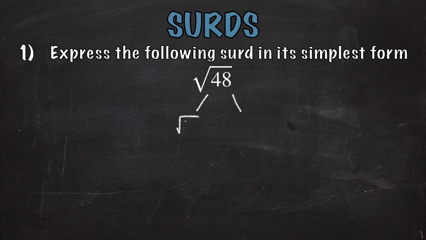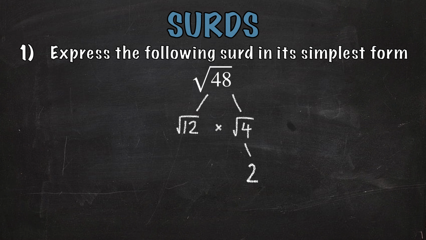So we write the square root of 12 and we write the square root of 4. The reason why I chose these numbers is because it's easier to simplify a square root number, i.e. 4 is a square number which can be simplified completely. Nevertheless, whichever factor we choose, if we do it correctly, we will always get the same answer. So the square root of 4 will give us 2.